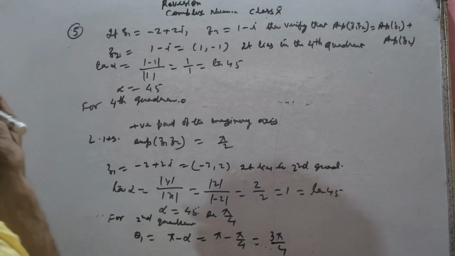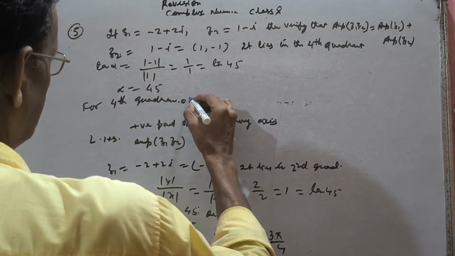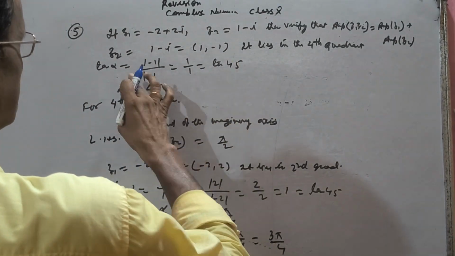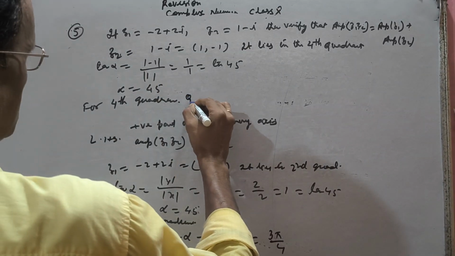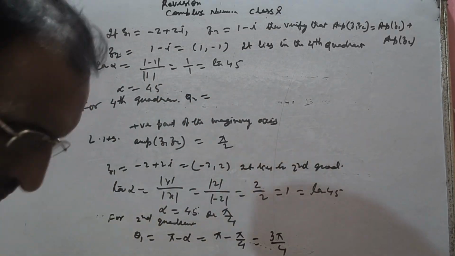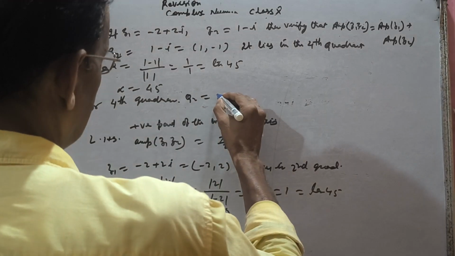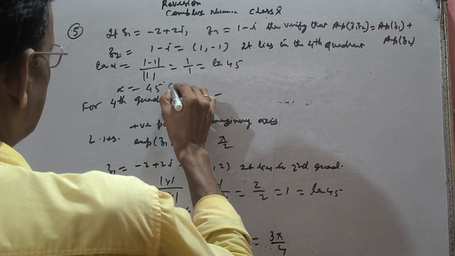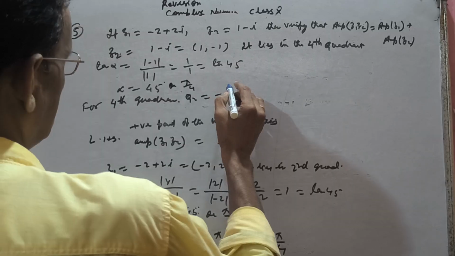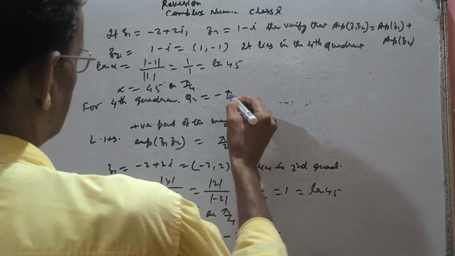This is theta 1. Now for the fourth quadrant, suppose this is Z2 you have taken, let amplitude be theta 2. Theta 2 for the fourth quadrant equals minus alpha, minus 45 degree or pi by 4. So minus pi by 4.